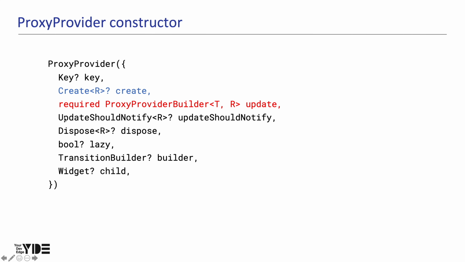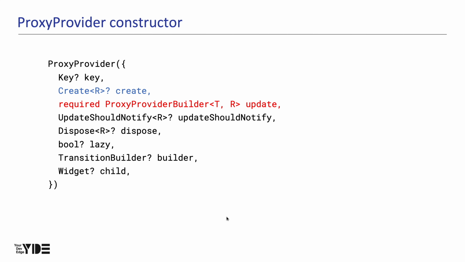If you look at the constructor, unlike a provider, create is optional and update is required. And unlike create, update can be called multiple times. But when you think about it, this is obvious. Since proxy provider depends on the values of other providers, if the values of other providers change, you have to create a new one.